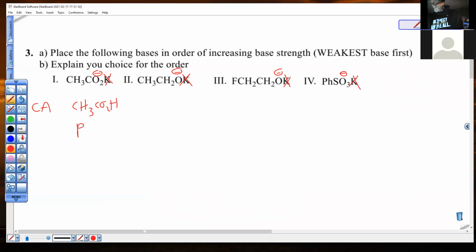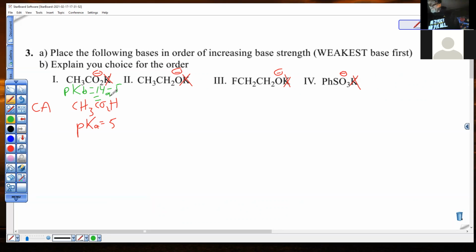What's the pKa of the acid? 5, so the pKb equals 14 minus 5. Nine.